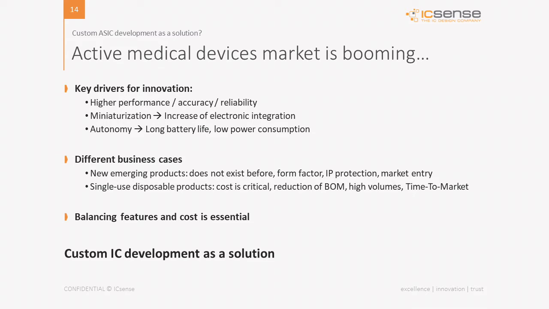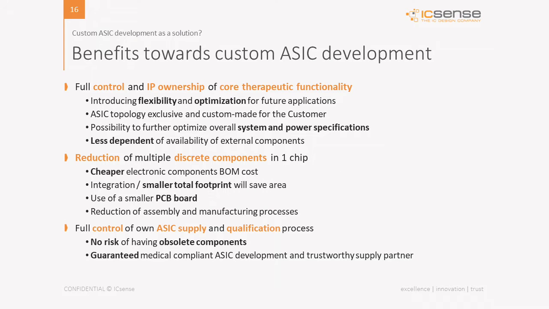While on the other hand, you have single-use disposable products where cost is critical. Also the reduction of the bill of material, high volumes, time to market, you see a different demand towards the business case. And it all comes down to one thing: balancing cost and features for your product is essential.